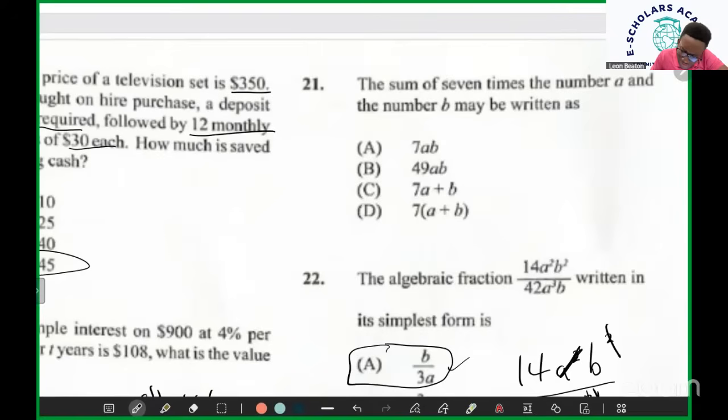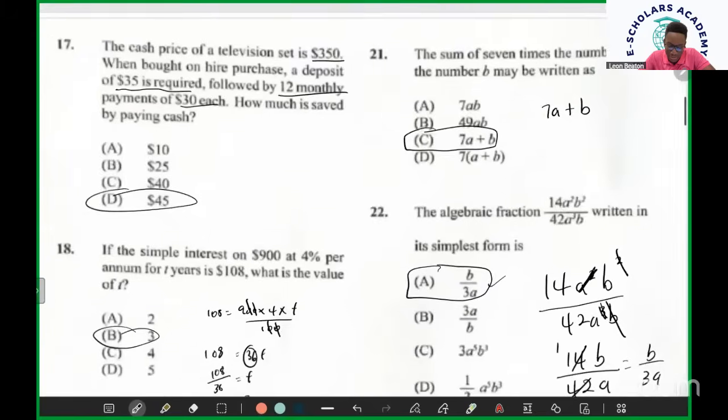The sum of 7 times the number A and the number B. So 7 times is 7 times. And this has got to be 7A plus B, which is C. It's hard to read.